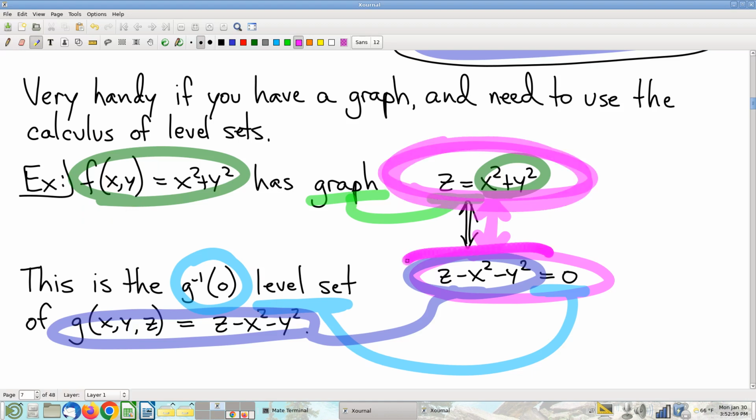So I didn't create anything new when I decided to reinterpret it. Rather than interpreting x and y as inputs and z as an output, I just decided to interpret x, y, and z all as inputs. And I'm not giving any name to the output. The output is always 0, so why would I give it a name?